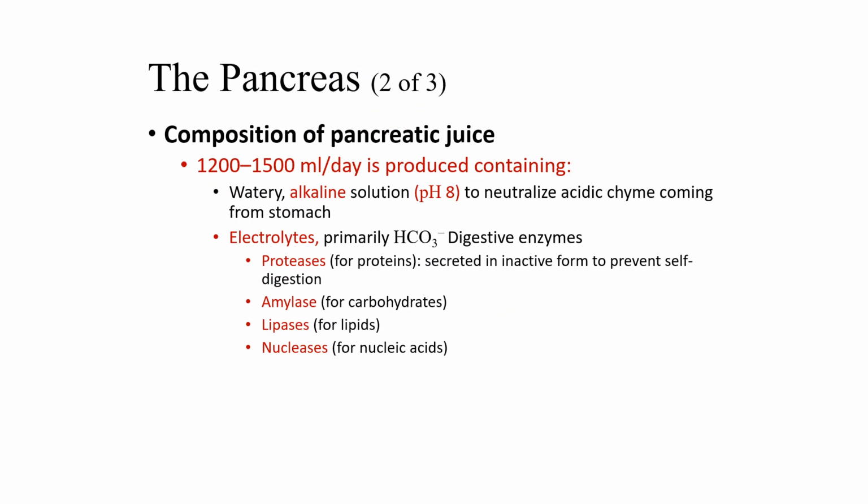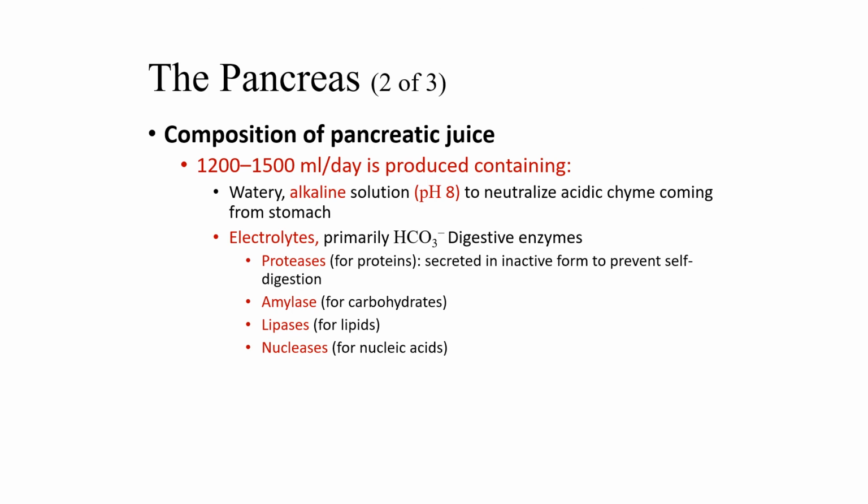So you produce 1.2 to 1.5 liters of pancreatic juice a day that consists of an alkaline solution. It's at a pH of 8, and it's going to join with that lovely chyme that has a pH of about 3, and it neutralizes the chyme.